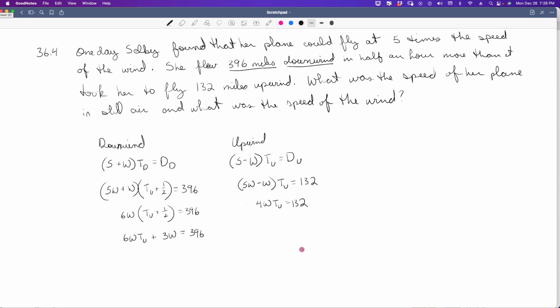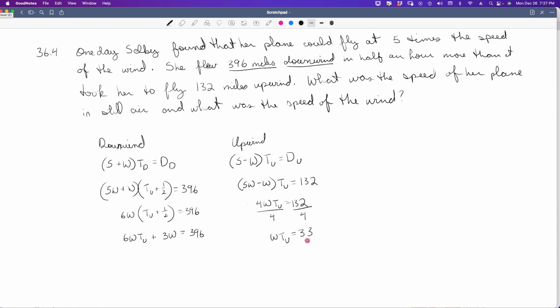All right, so now we know what 4WTU is equal to. We can divide that by 4 because we have a known quantity there. So WTU is equal to 33. Yes, 33, because 4 times 3 is 12, carry the 1, 13.